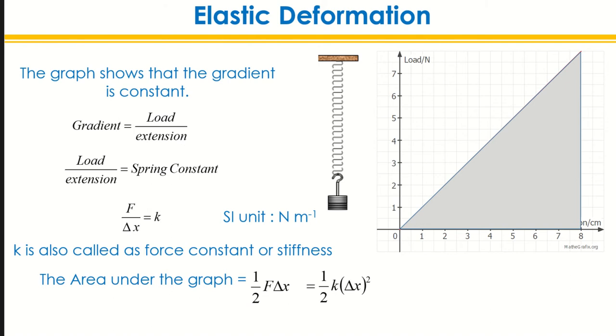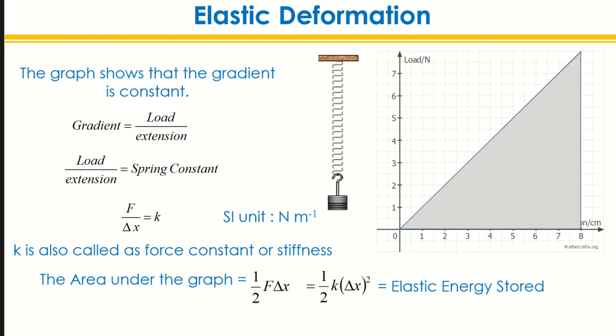Force multiplied by extension, Newton multiplied by meter, is the unit for energy. That means this quantity gives us the energy stored by the spring, the elastic potential energy, which can be given as 1/2 F delta x or 1/2 k delta x squared.